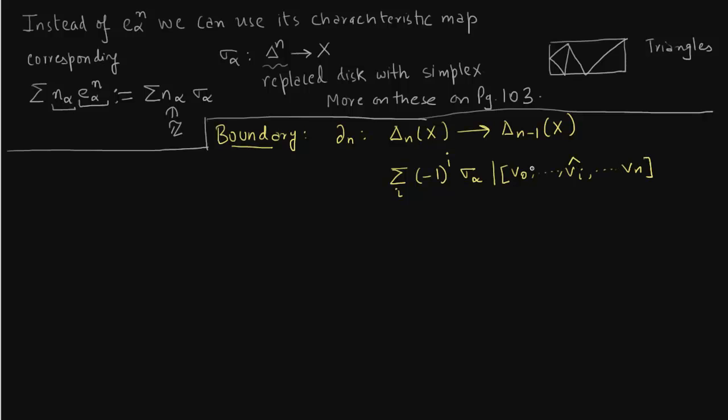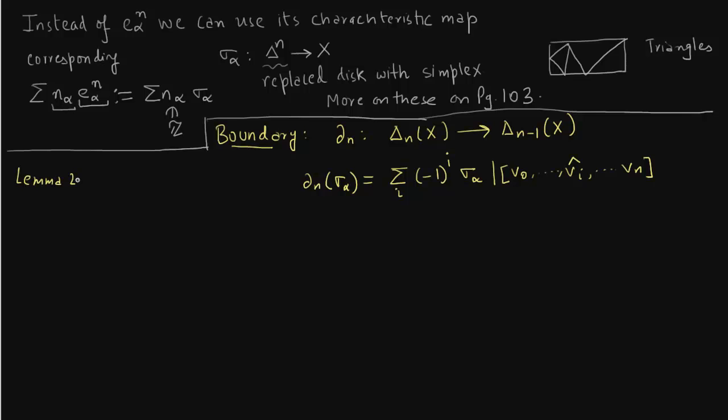What it produces is not important; what is important is what it acts on. So to make it more precise, we write it like this. This is the boundary map. So you see, we have done nothing. We have just defined a map sigma alpha acting on the face, which is obtained from the original simplex by removing one vertex at a time.